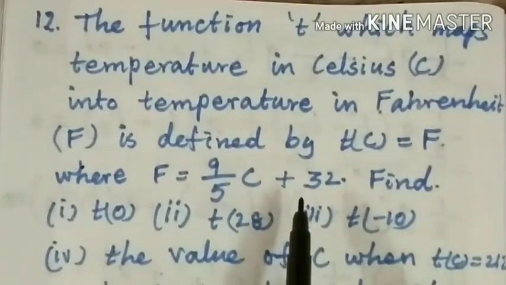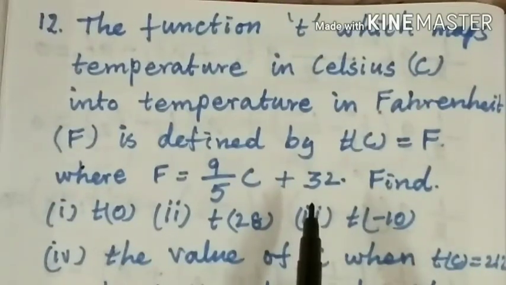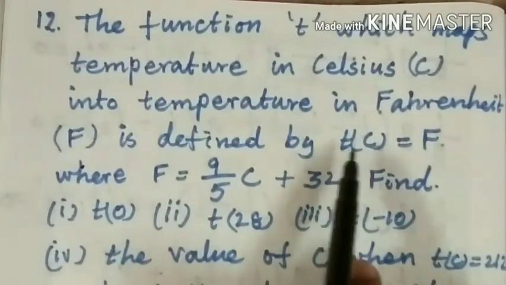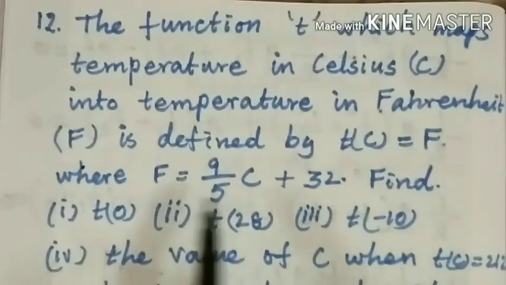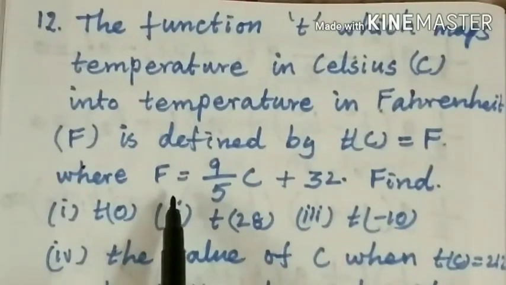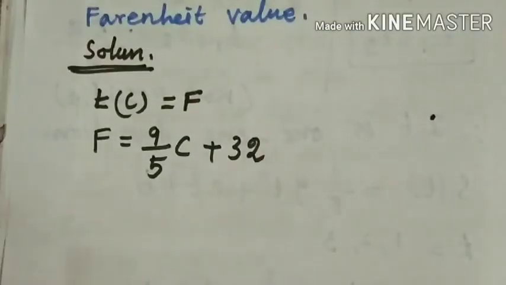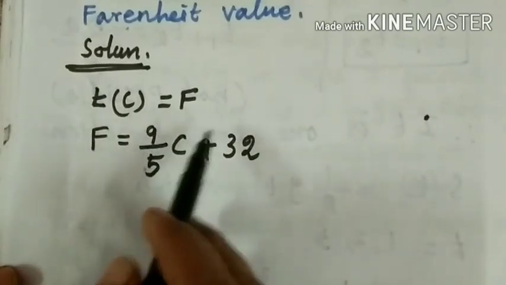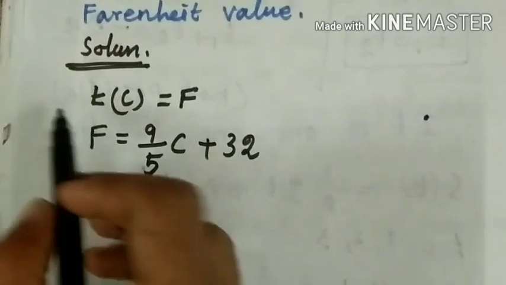In this question, what is given? Yes, the function t of C equal to Fahrenheit is given. Then the formula for Fahrenheit, F equal to 9 by 5 C plus 32. In the solution, first you take down and write the given t of C equal to F, then F equal to 9 by 5 C plus 32.